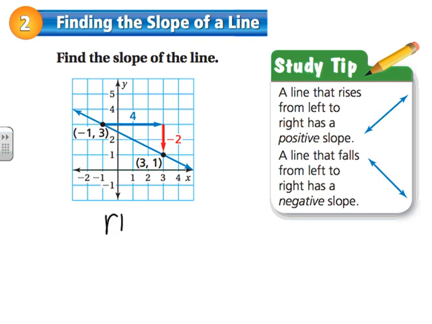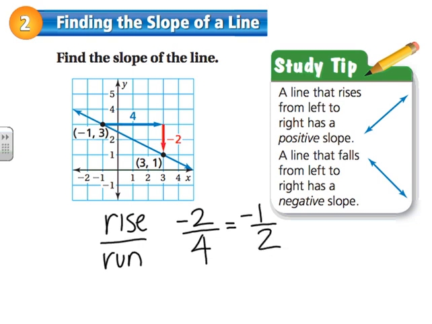Okay, so we're going to write rise over run. The rise this time is going down 2, so that would be a -2, and the run is 4. So we get the fraction -2/4, which we can then simplify down to -1/2. Our final slope is negative, and that matches the direction of our line.